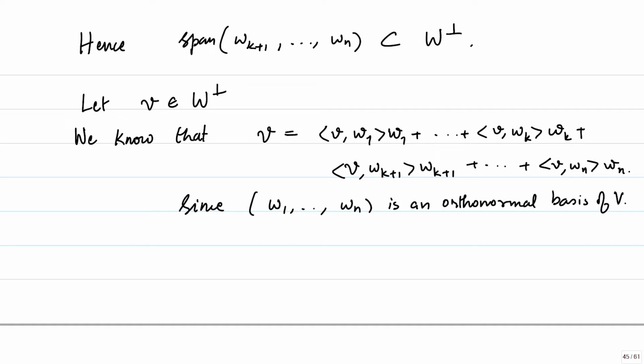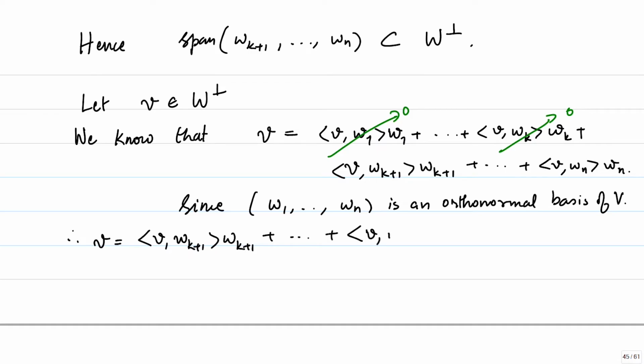But we started off with the assumption that our v is in the orthogonal complement of w. So, every vector in capital W will be orthogonal to v. In particular, everything up to wk is going to be 0 because it is orthogonal, and therefore our v will be just the inner product of v with wk plus 1 times wk plus 1, plus dot dot dot, inner product of v with wn times wn, which belongs to the span of wk plus 1 to wn.